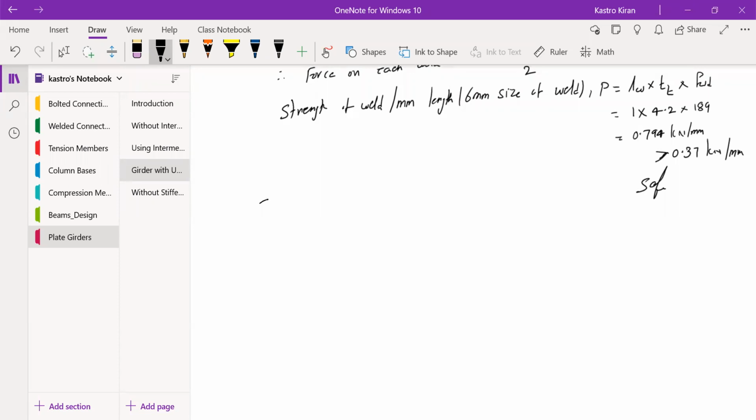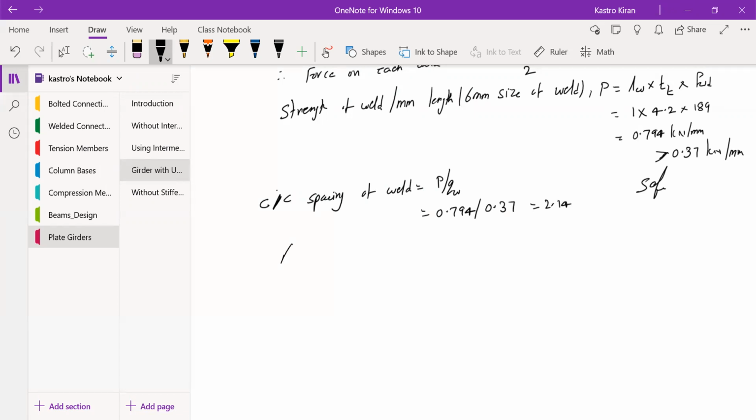The next step is to calculate the center to center spacing of weld, that is given by P by QW. What is P? It is 0.794 upon the QW value of 0.37. That will give you 2.14.